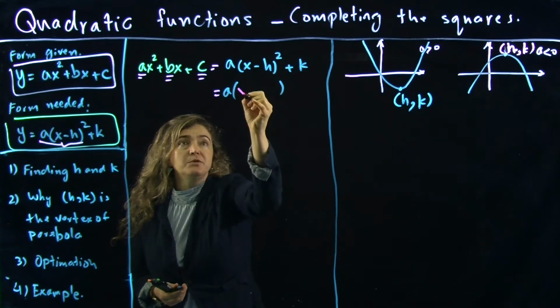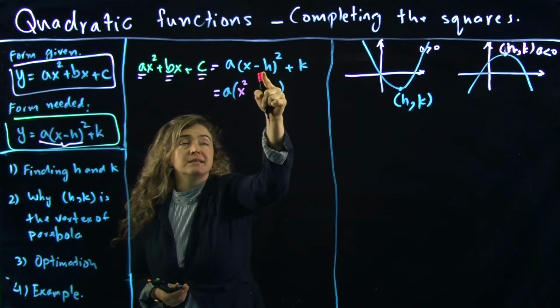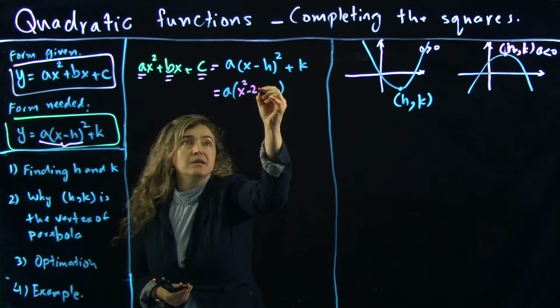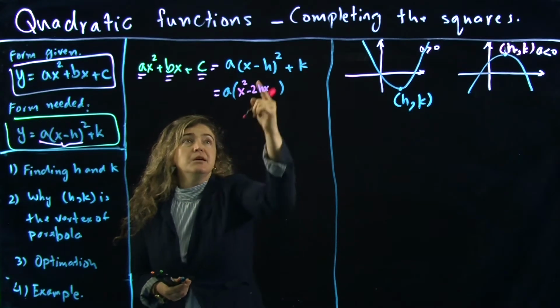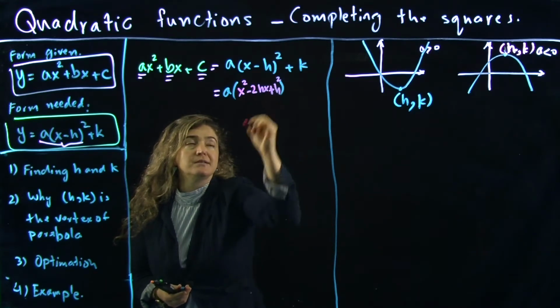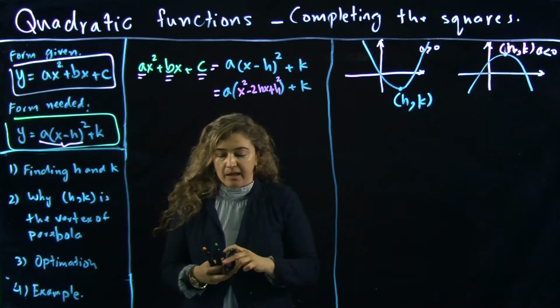That is the first one to the power 2, plus 2 times the first one times the second one. There is a negative sign with the second one, so it would be minus 2 times hx, plus the second one to the power 2, which is h squared, plus k.